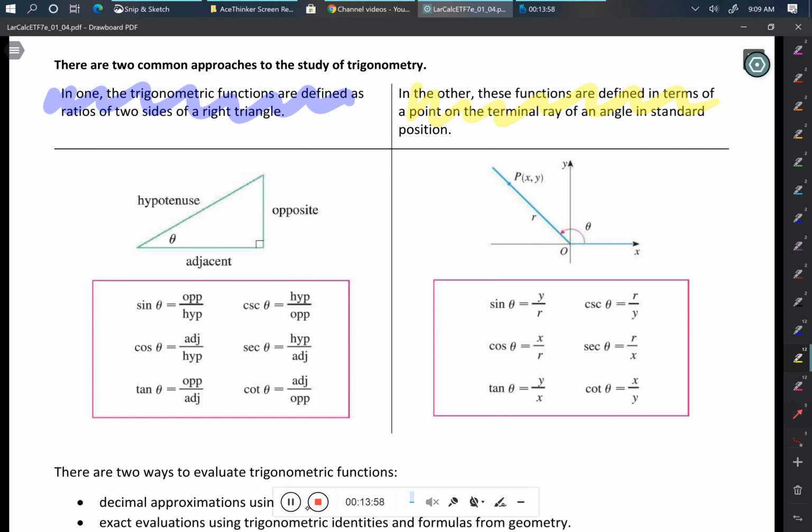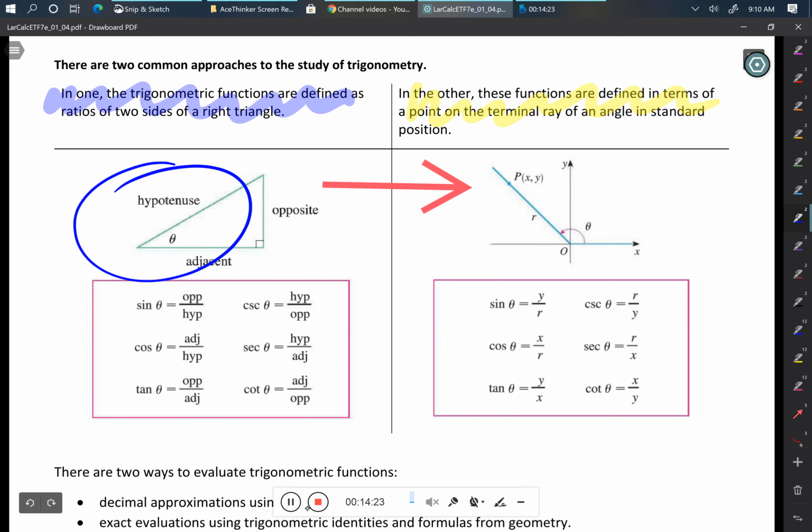Now, ultimately, even if you are taught trig from right triangles, you always have to end up over there in that terminal ray points standard position angle business, because the limitation that exists in right triangle trigonometry is that this angle theta that we're talking about here can never exceed 90 degrees.